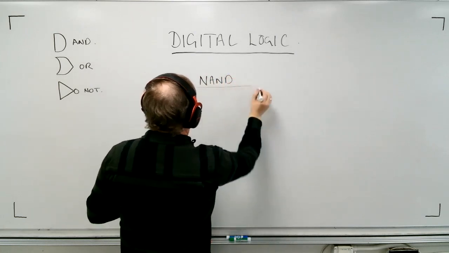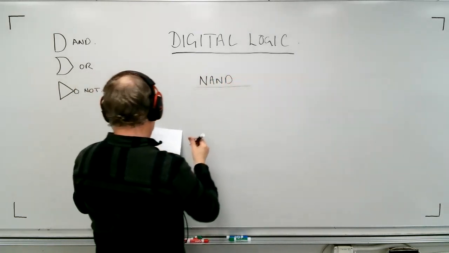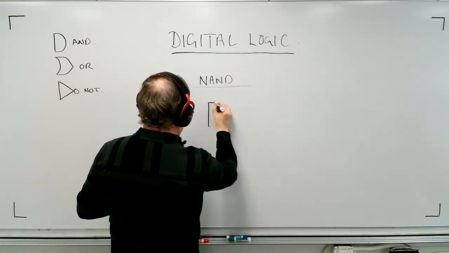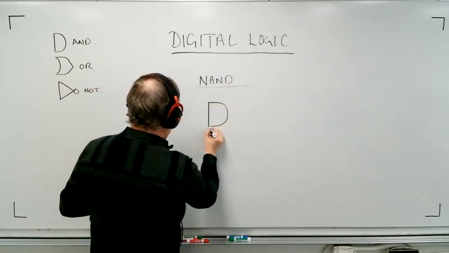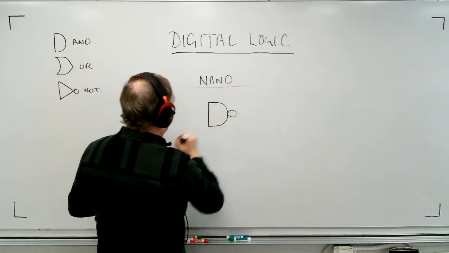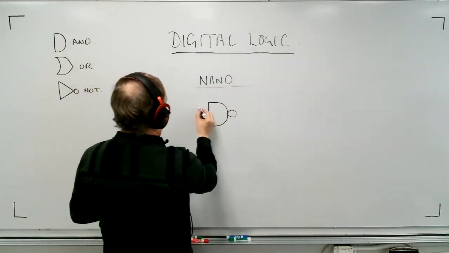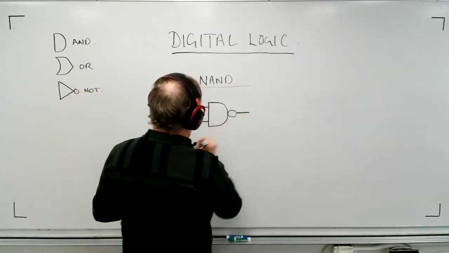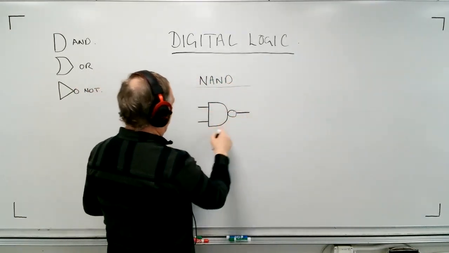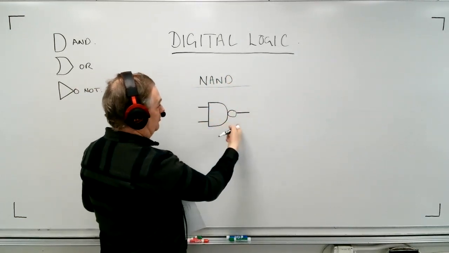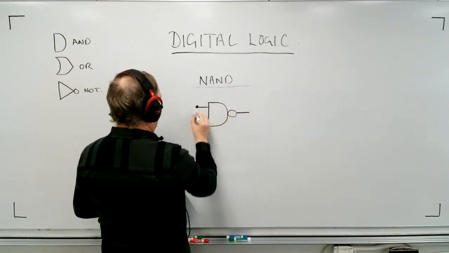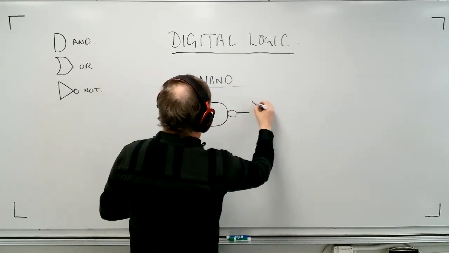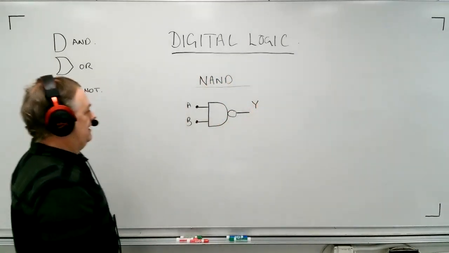This gate is literally built as one unit, and it combines an AND and a NOT in one component. And this is how it looks. They put the invert on the output side. So here we go. Here's A, B, and Y.